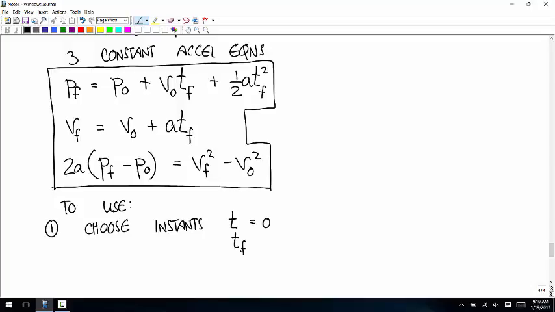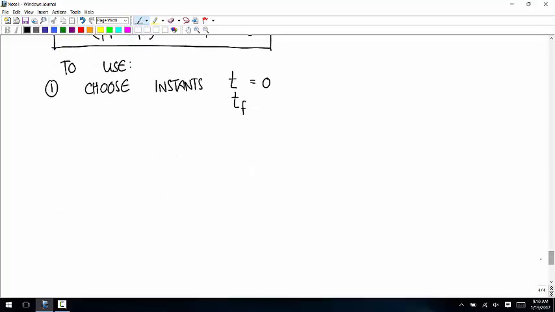So basically, you have to choose physical instants when you're starting and stopping your stopwatch. Second, eventually you'll probably stop doing this, but for now, at least mentally, you need to list the variables that you know and the variable that you're trying to solve for.